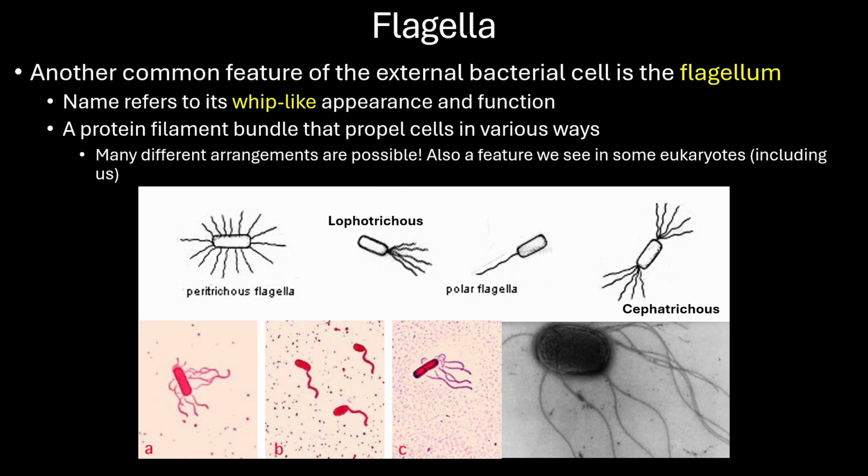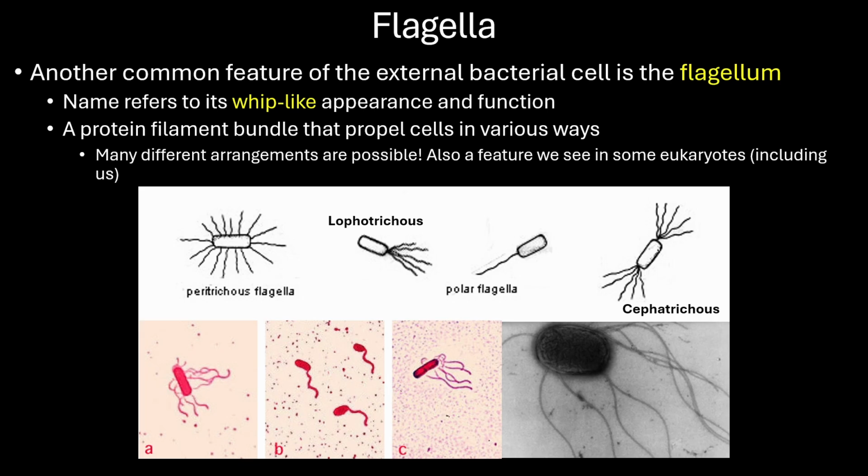And some bacteria have them, some do not. And so the ones that do are motile, as in they're capable of movement, and the ones that don't are non-motile, incapable of movement.